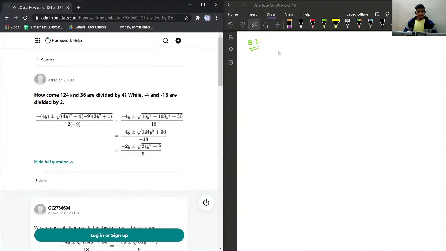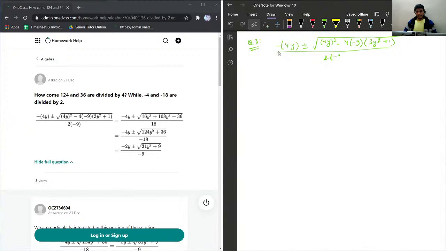First I will write this: negative 4y plus minus, this is 4y whole square, minus of 4 minus 9. This will be 3y square plus 1. This will be divided by 2 times negative 9.